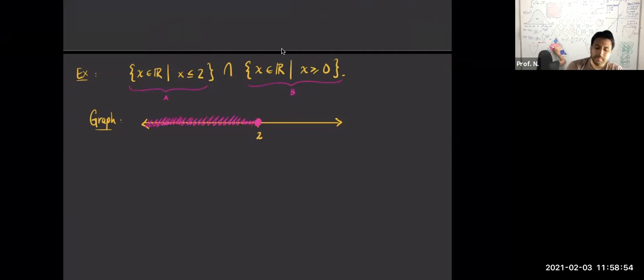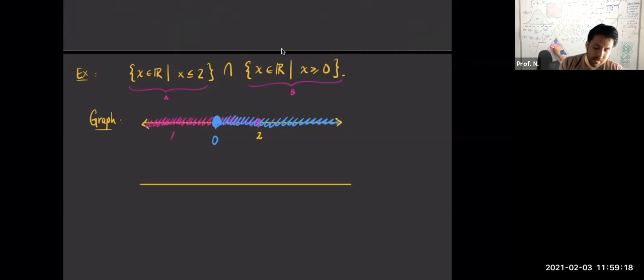And for B, I'm going to use everything bigger than or equal to 0, right? But what is the overlapping portion of this graph?